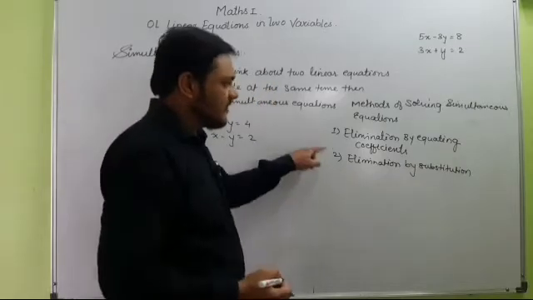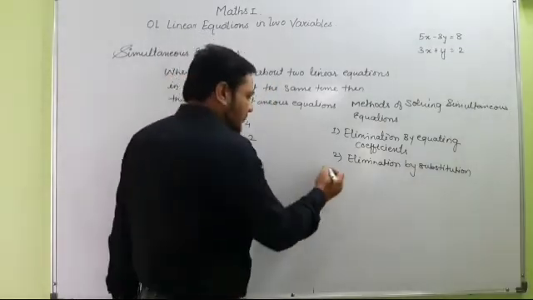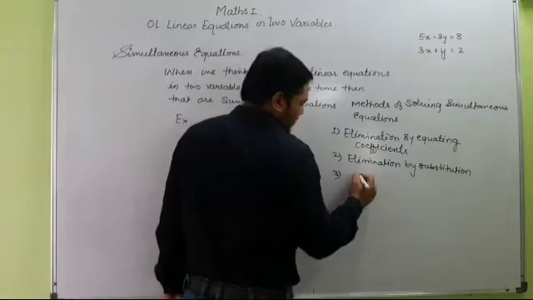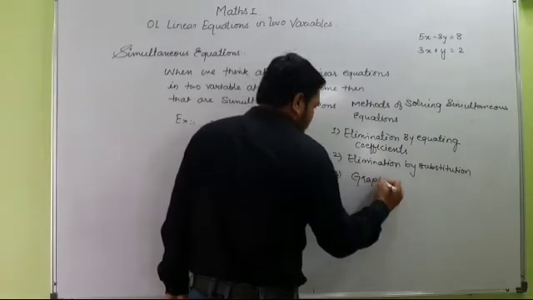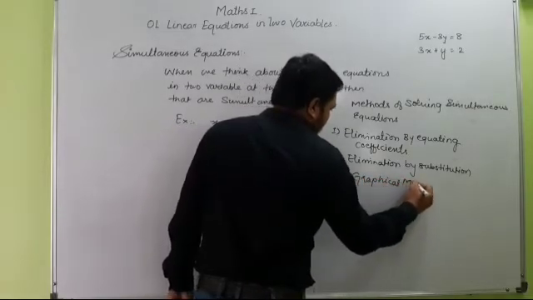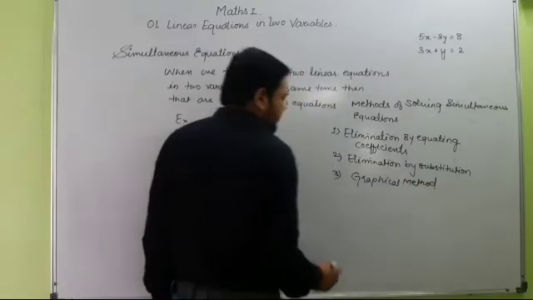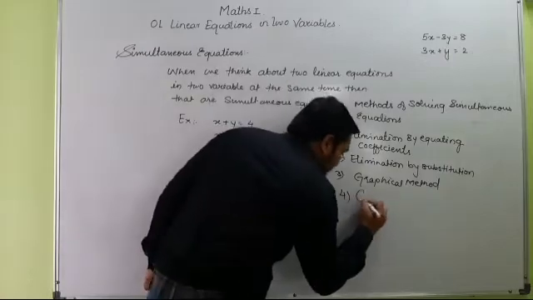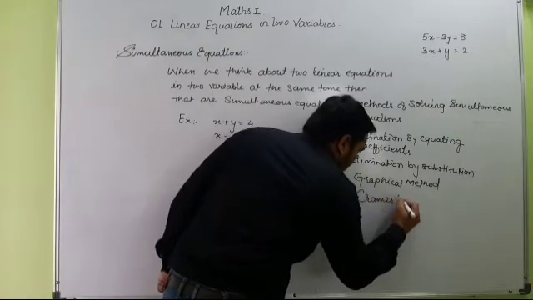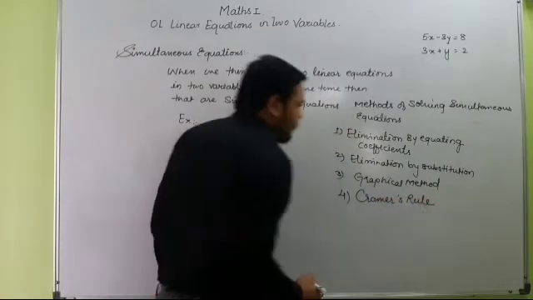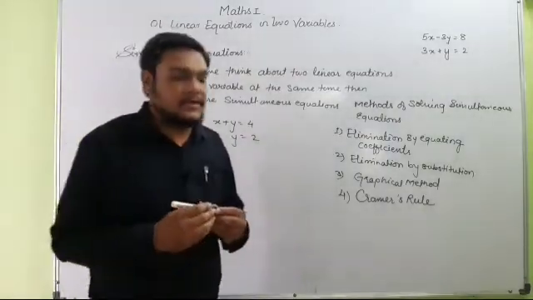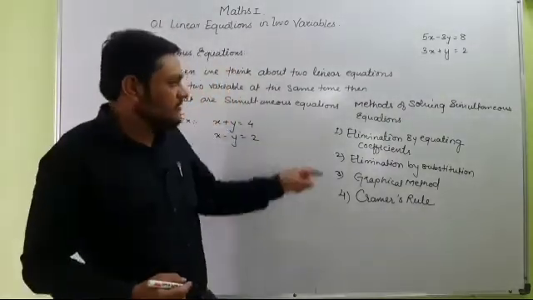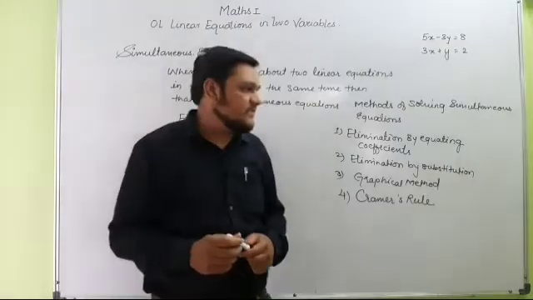These two methods we have studied in the 9th standard, students. And the third method is graphical method. This method you have to study this year. And the fourth method is Cramer's rule. Students, these four methods you have to use for solving simultaneous equations.